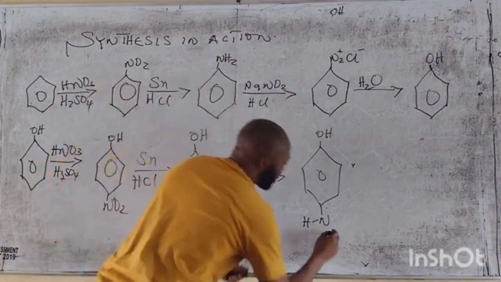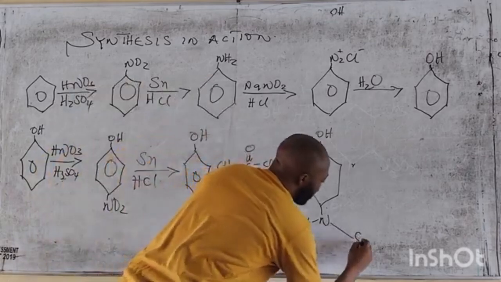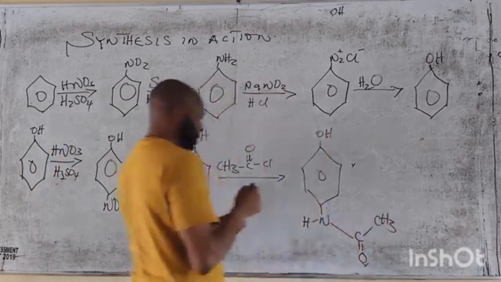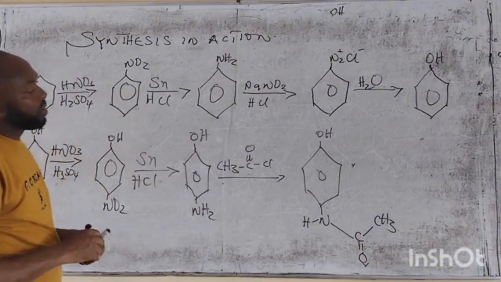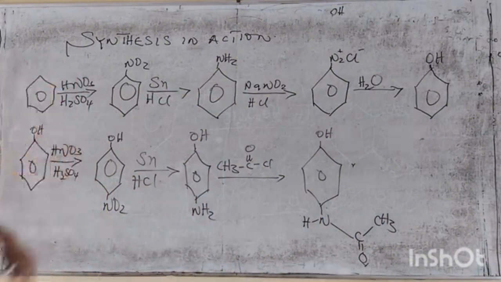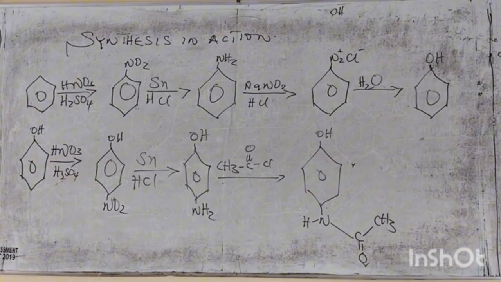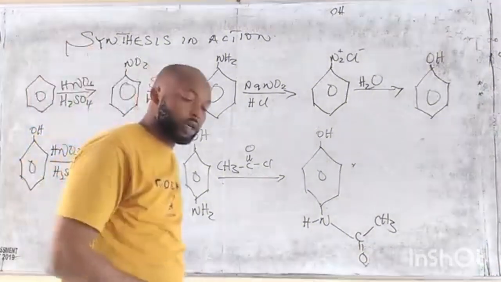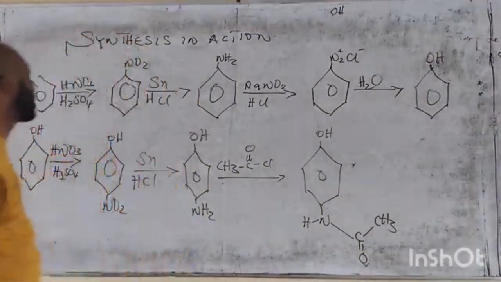Then we bond with this: carbon, double bond O, and I have my CH3 here. This is paracetamol. So this is its synthesis. We have to get used to that. And that's that. So let's move further.